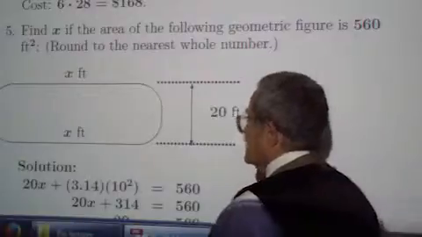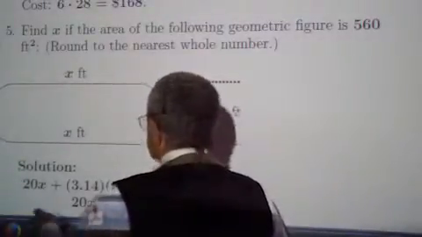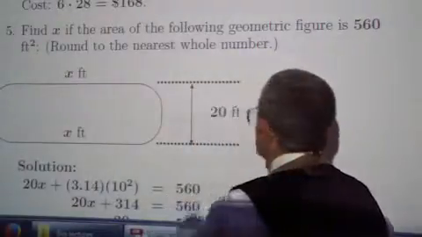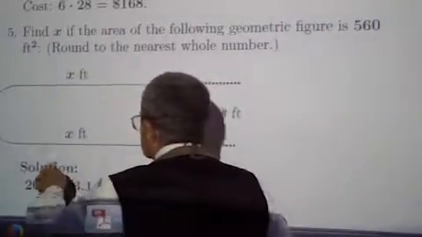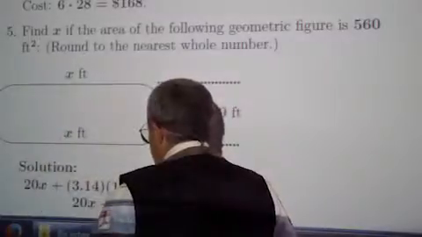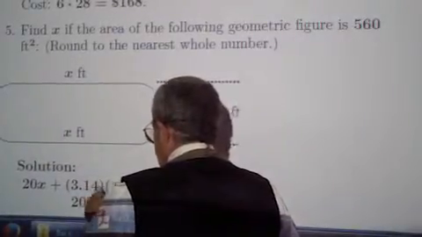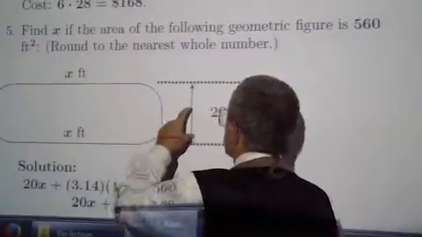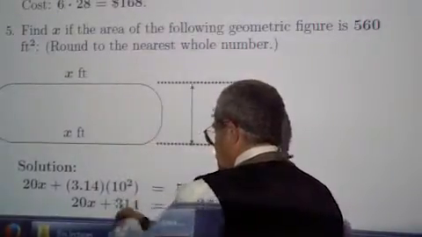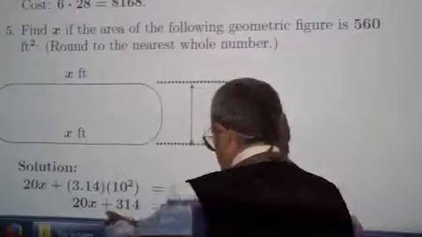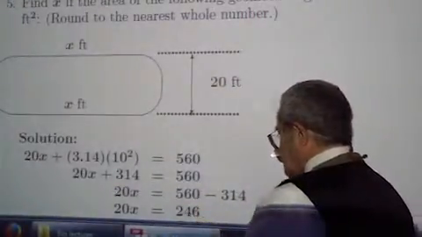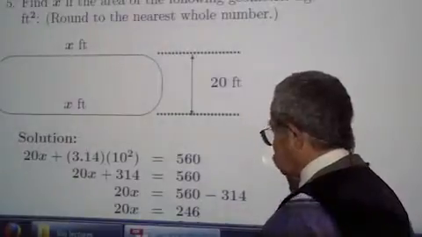We have 20 times x for the area of the rectangle plus the area of the circle, which is pi times r squared. Pi times 10 squared. That's 314 plus 20x. Subtract 314 from 560. You get 20x, which is 246.